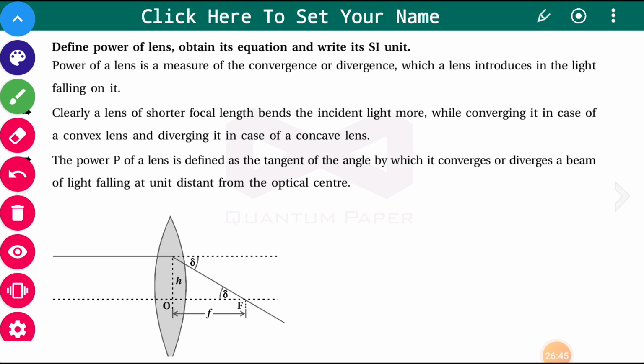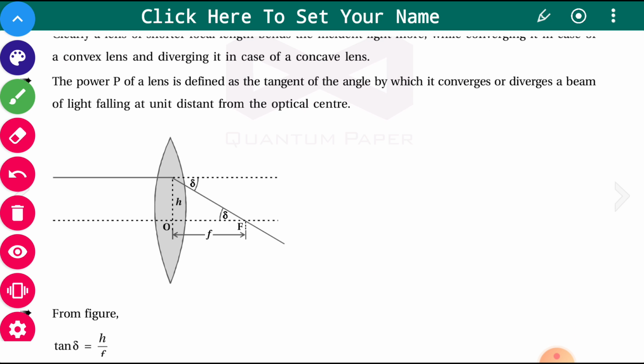Now we talk about the power of a lens. What is the power of a lens? Power of a lens is the measure of convergence or divergence which a lens introduces in the light falling on it. Now see, let us try to understand this figure. A ray of light parallel to the principal axis would go in this direction if the lens were absent, but now it is refracted.